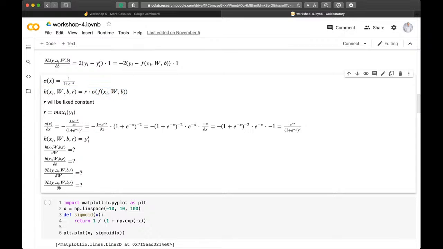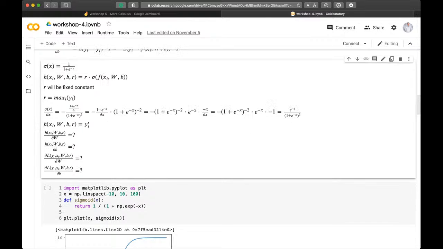We even gave you the derivative of the sigmoid. And here is the e to the minus x, right? And we did a couple of steps of optimization.